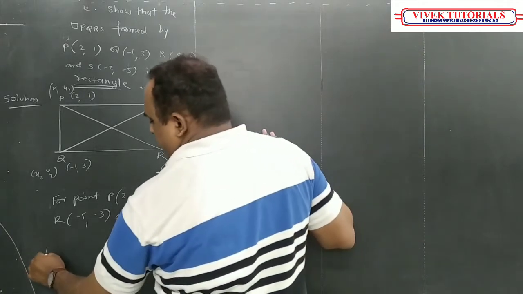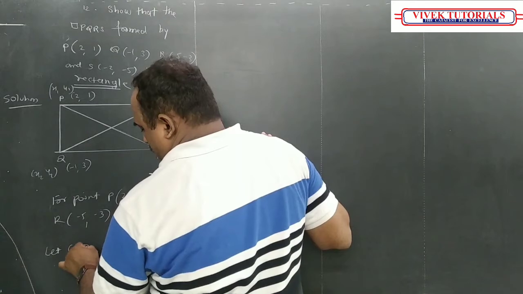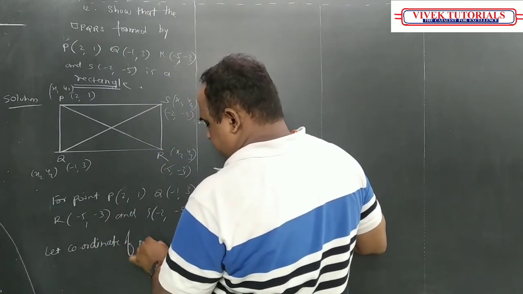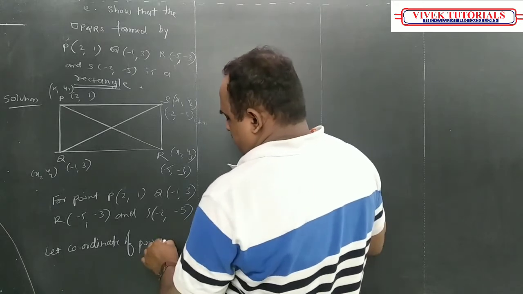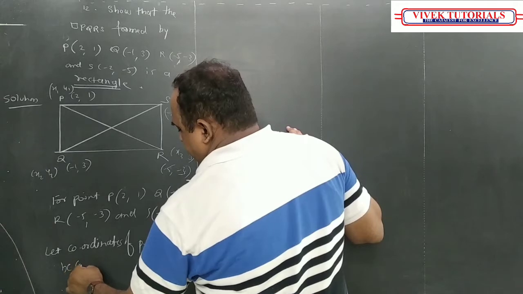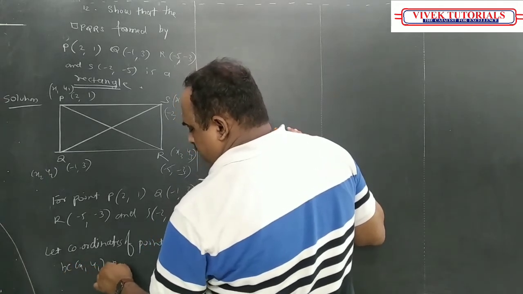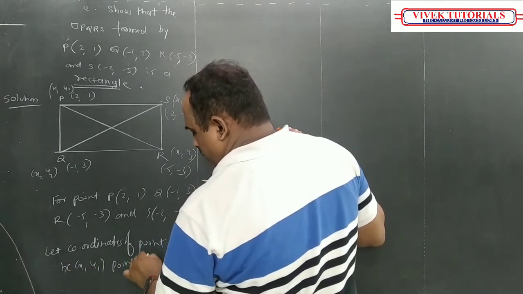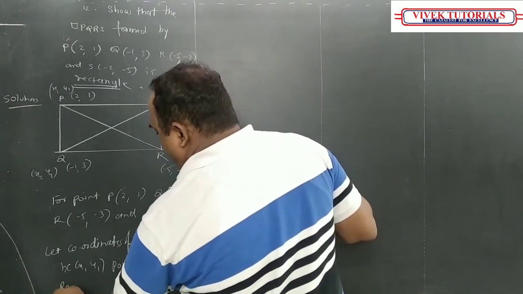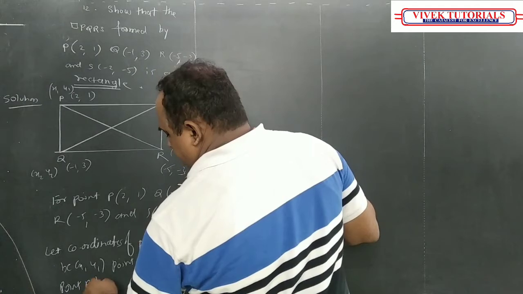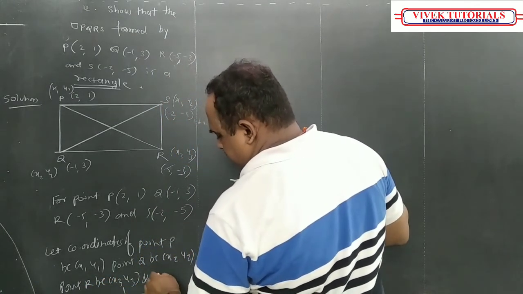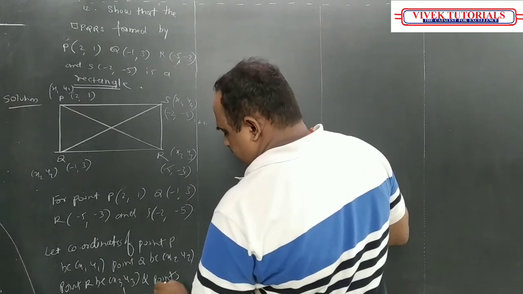Let the coordinates of point P be x1, y1, point Q be x2, y2, point R be x3, y3, and point S be x4, y4.